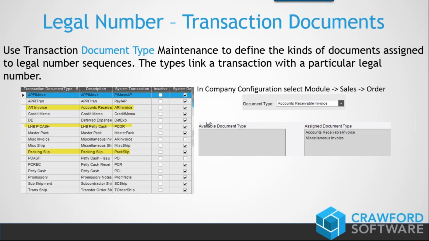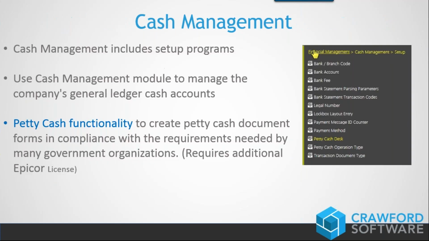So you can set up your own as well. And then you can see the others that are listed here as part of the system, the packing slip and promissory note, etc. So moving along, I want to touch on cash management.